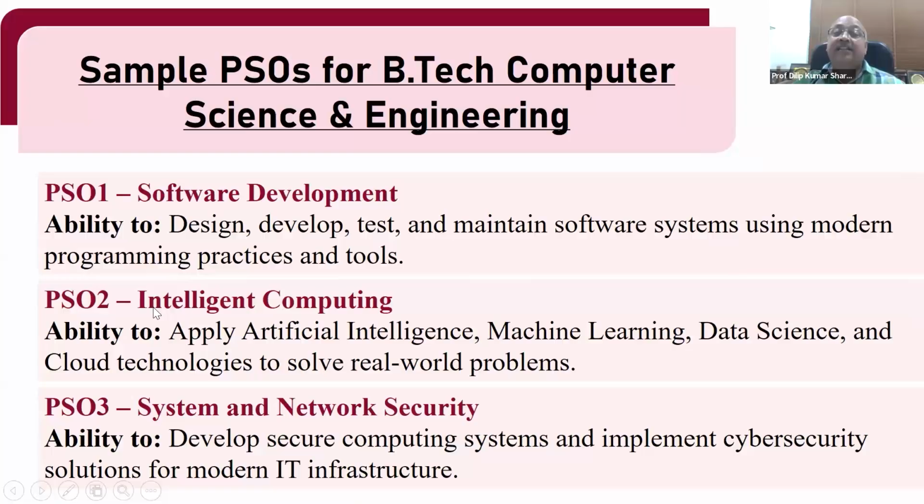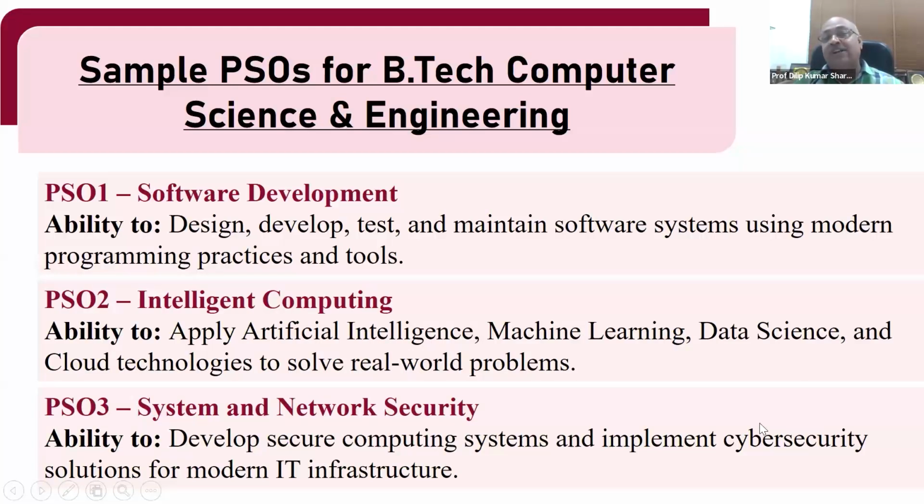Another PSO, intelligent computing: ability to apply AI, machine learning, data science, blockchain, cloud computing and virtualization to solve real world problems. PSO3, system and network security: ability to develop secure computing systems and implement cyber security solutions for modern IT infrastructure. This is just a sample example. Like that, we are going to have the program specific outcomes.